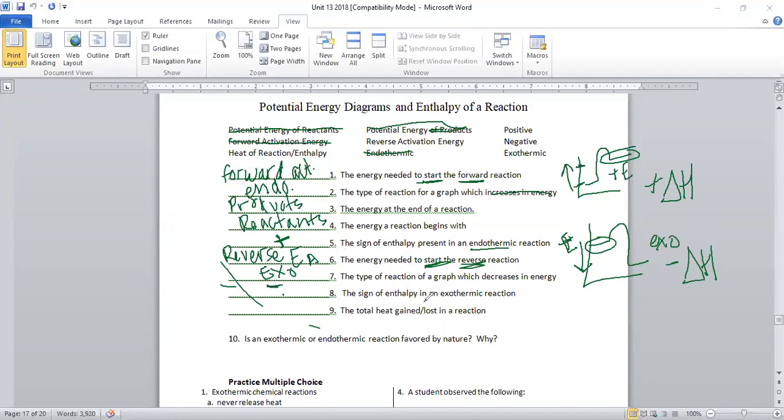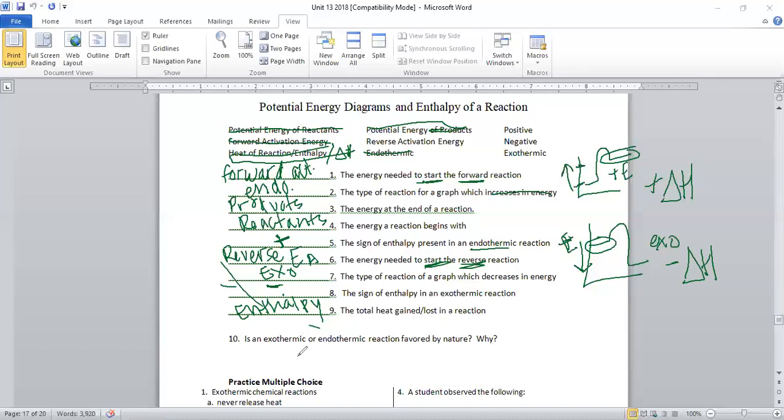And then the total heat gained or lost in reaction is the definition for enthalpy. Or the other words are heat of reaction or delta H. Okay, and then the last question, number 10, is an exothermic or endothermic reaction favored by nature, and why?